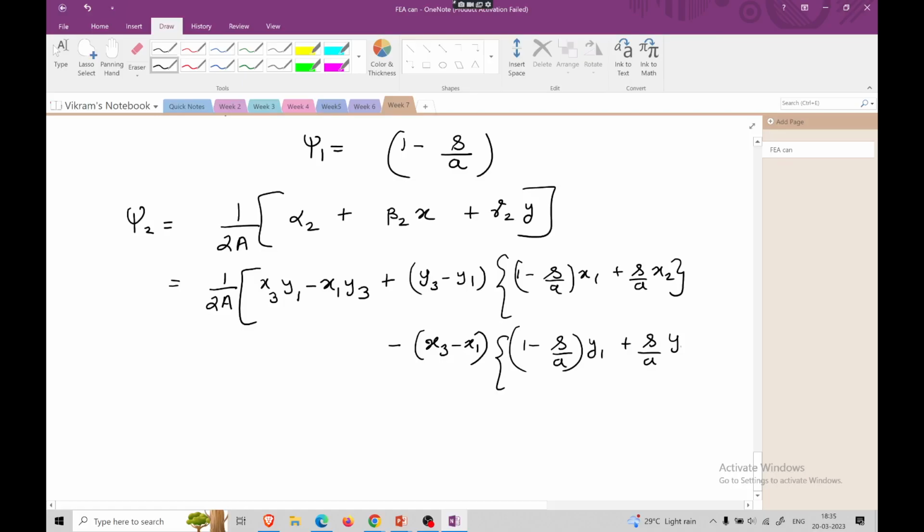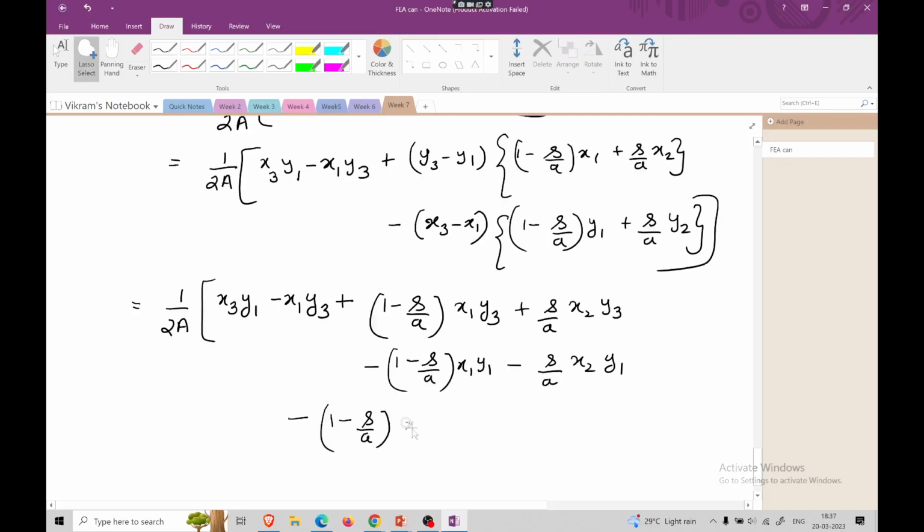This will be minus 1 minus s by a times of x3 y1 minus s by a x3 y2 plus 1 minus s by a into x1 y1 plus s by a into x1 y2.